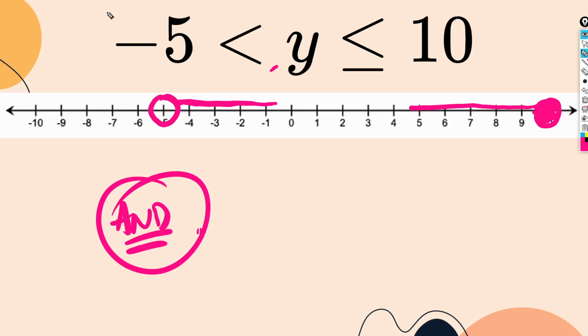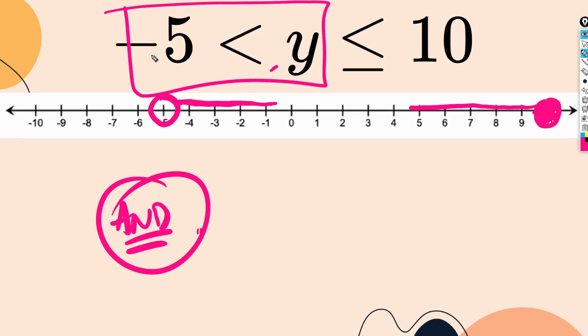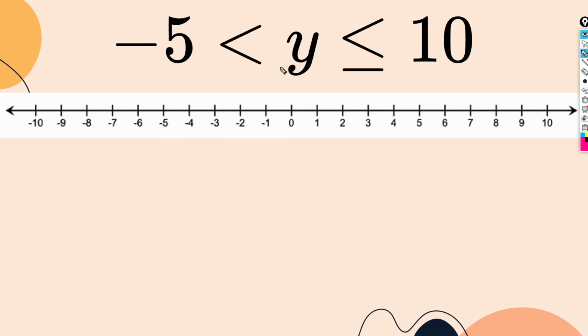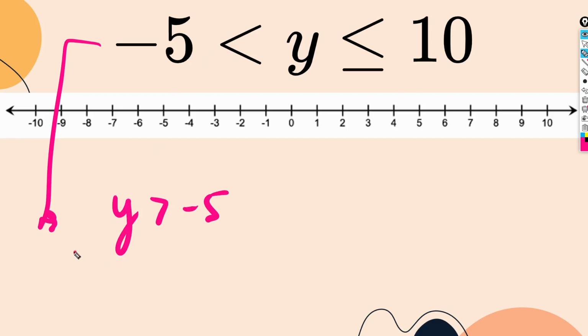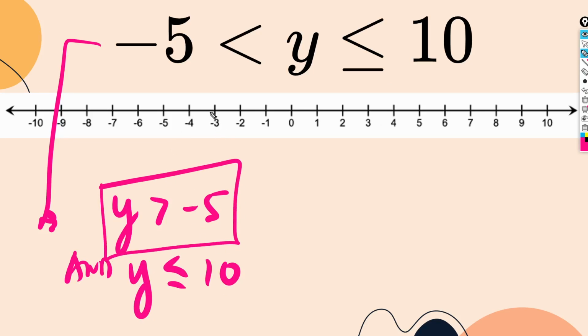By itself, this portion alone should look like, diba? Let's break apart this inequality. Y is greater than negative 5 and y is less than or equal to 10. Now, had it been the first inequality only, ano? Look, your graph should look like a hollow dot on -5 and a ray pointing to the right. Parang ganyan, no?